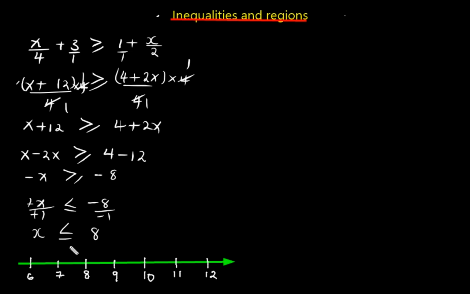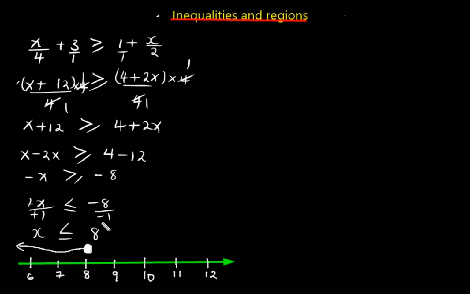Remember, they are telling us that x is less than or equal to 8, implying that 8 is inclusive. Is that okay? And we move towards the what? The left. And that is x is less than or equal to 8.